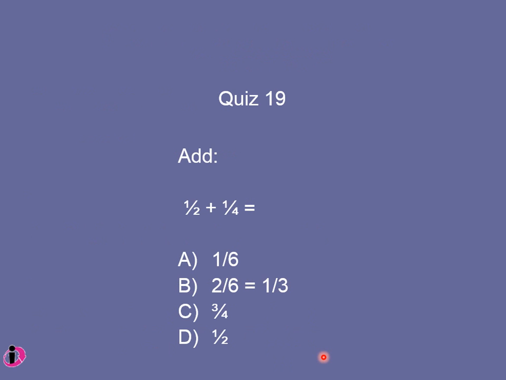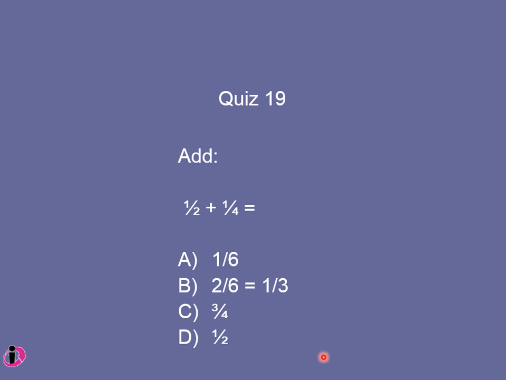Now let's look at a couple of examples here. How can I add one half plus 1 over 4? Half plus 1 over 4. I have to make my denominators the same. The denominator in the first number is 2, and in the second number it is 4.